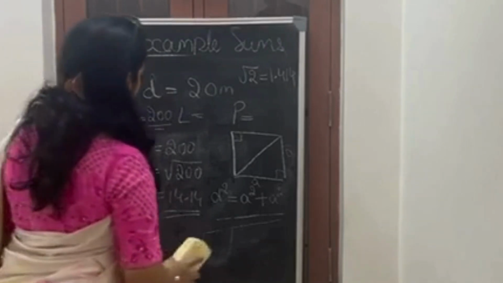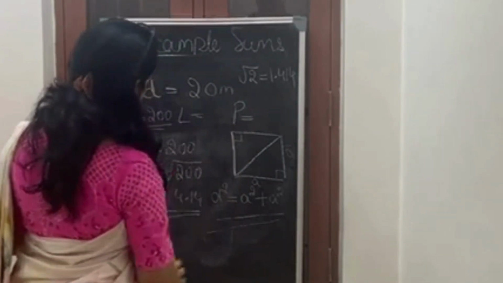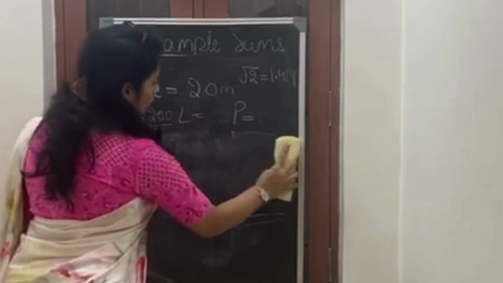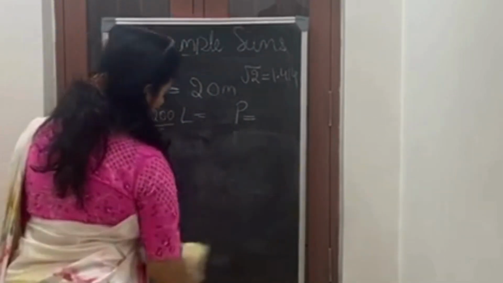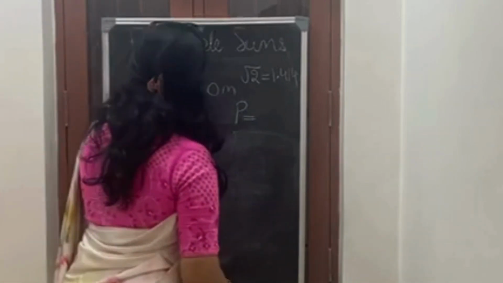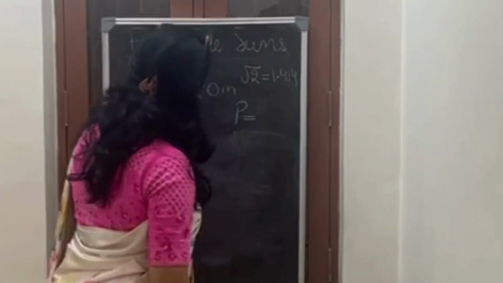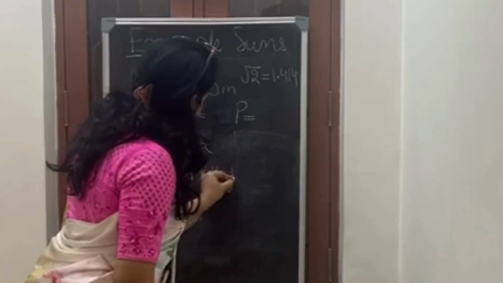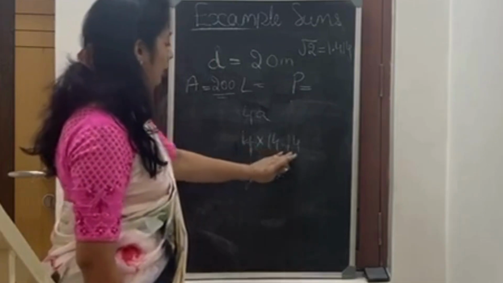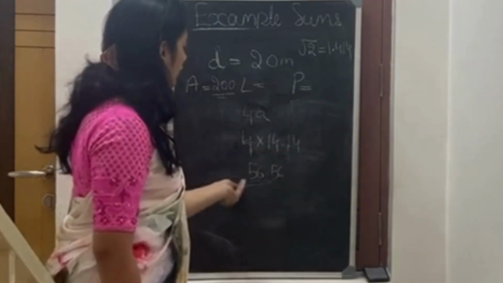Okay. Next, what is left? Perimeter. What is the formula for a perimeter? Perimeter of a square is 4a. So 4 into 14.14 will give me 4a. So 4 into 14.14 is 56.56.